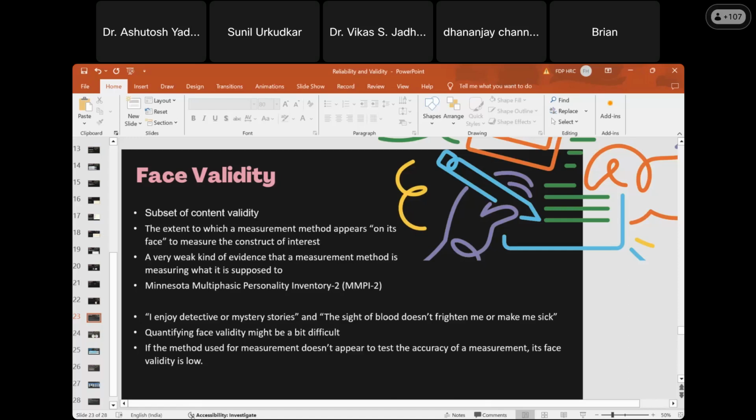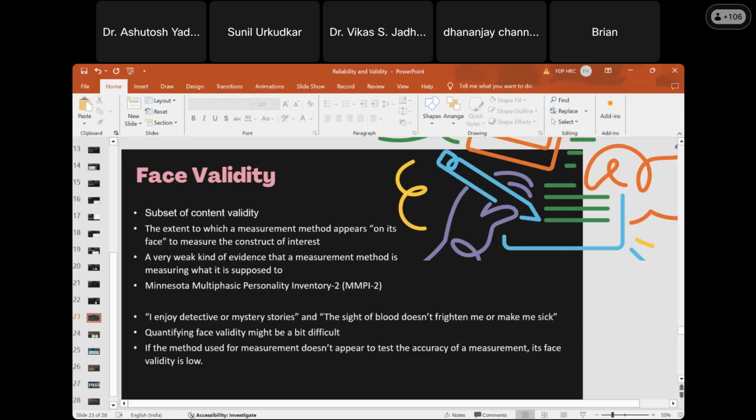So face validity is only about content coverage, not some other deficiency in the measurement. Yes, it is about whether what our instrument intends to measure is being included in the instrument or not.